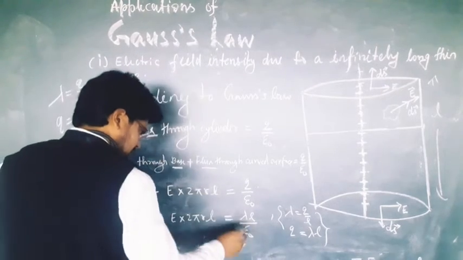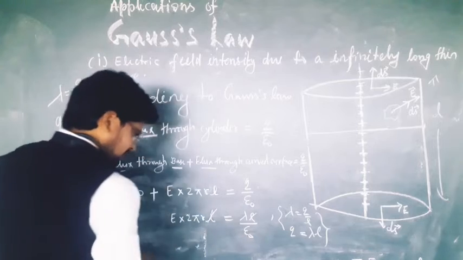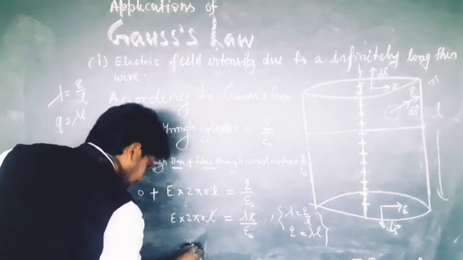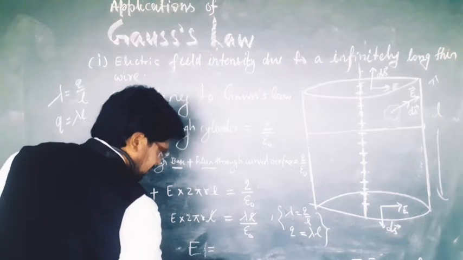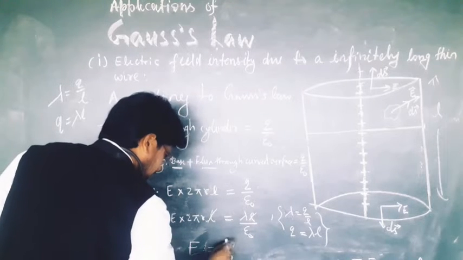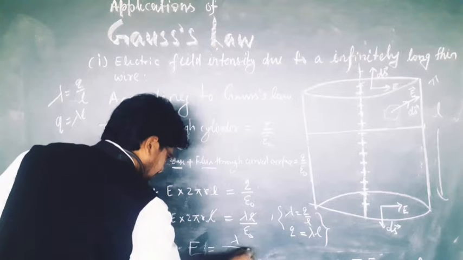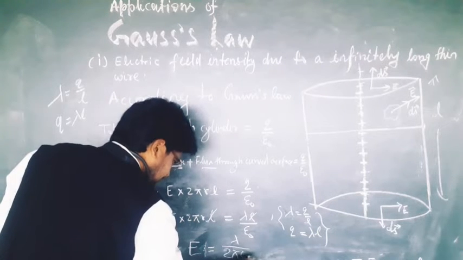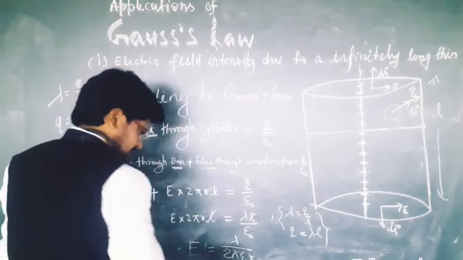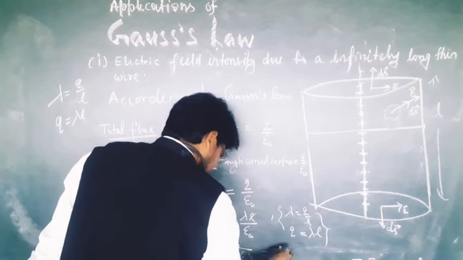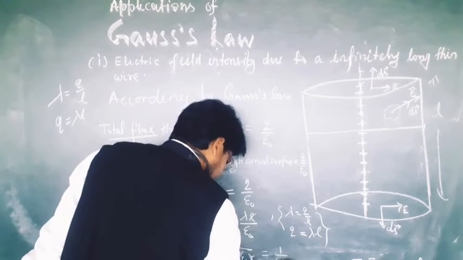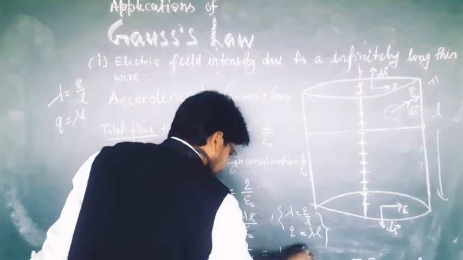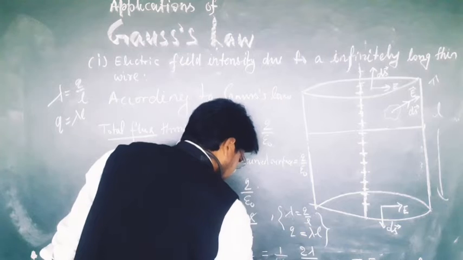Now we cancel L by L and we find that the electric field intensity E will be equal to lambda upon 2 pi epsilon naught r, or we can write it as 1 upon 4 pi epsilon naught into 2 lambda upon r.